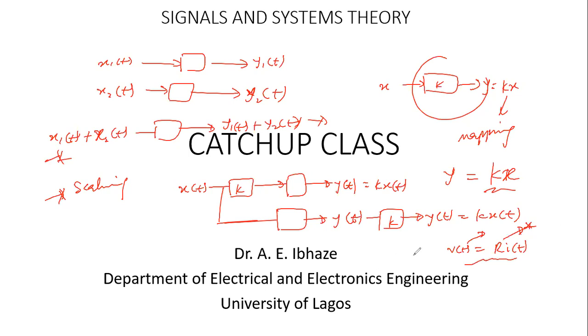So at that instant where it burns out, the principle of linearity is violated, and as such the system begins to behave in a non-linear manner. The same thing goes for capacitors and inductors.